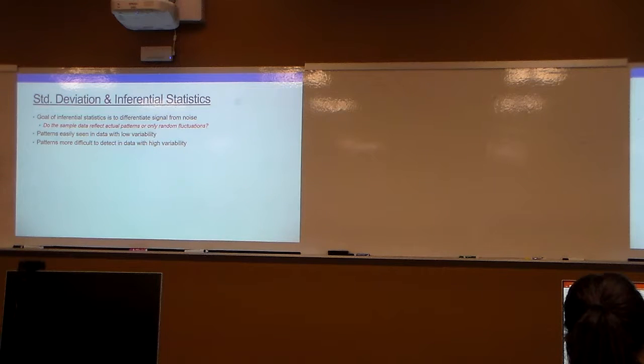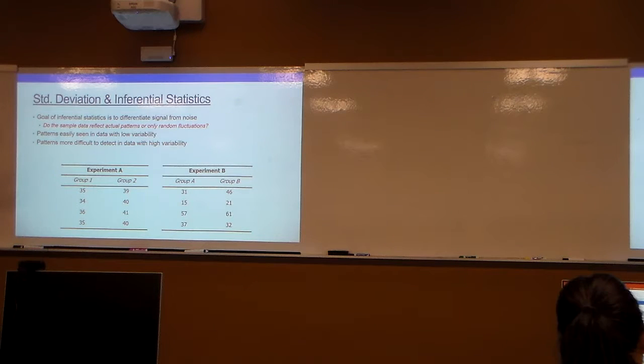If we've got data with relatively low variability, where everything's kind of close, it's pretty easy to see patterns. If we've got data with high variability, it's much more difficult to see patterns. There's more static going on there, right?